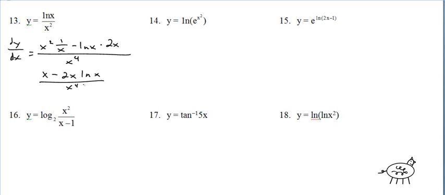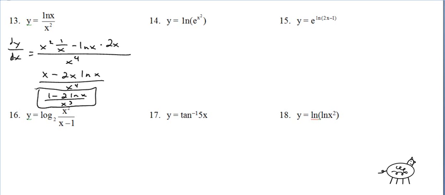Now, I told you that you don't really have to factor unless you can simplify something. In this case, we can. We can factor out an x, and so if we factor out an x, we wind up getting 1 minus 2 ln of x over x to the third. Okay, not too bad.